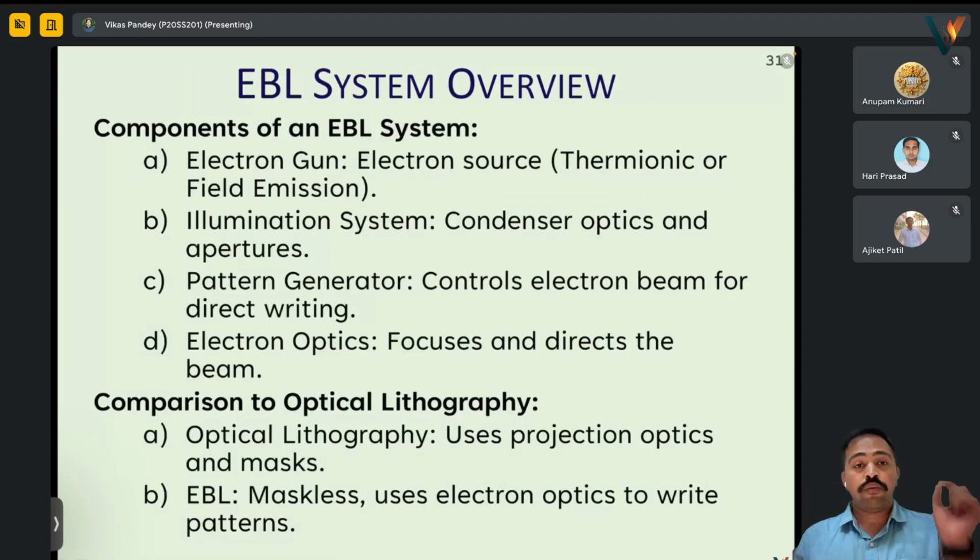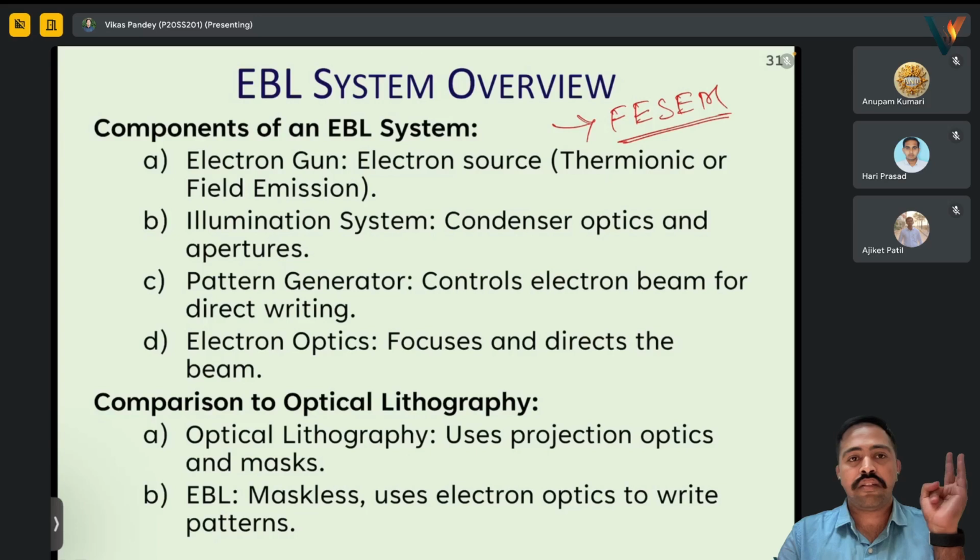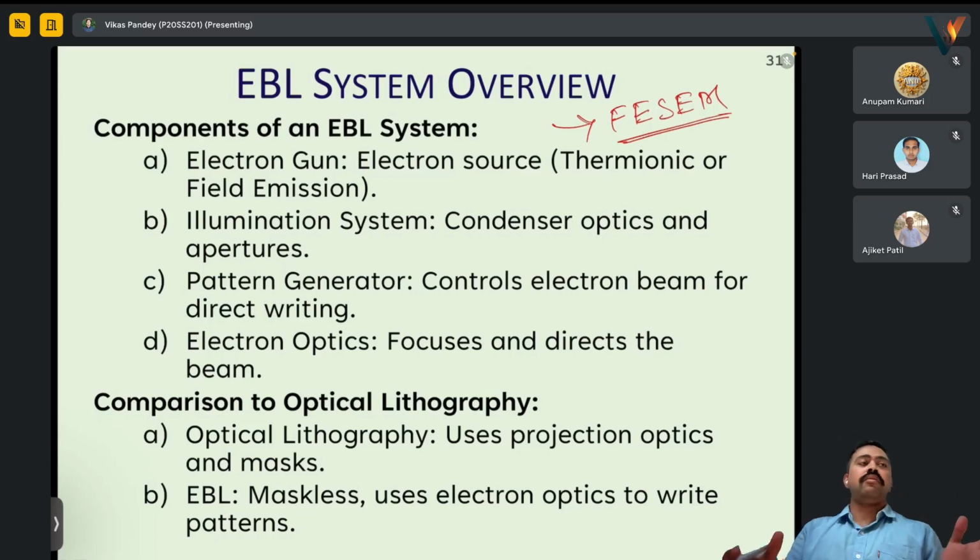So what are the components of an electron beam system? Generally, anyone is familiar with FESEM, field emission scanning electron microscopy. The system is very similar to FESEM, and in fact, in most cases, FESEM and this are a common system. The FESEM is modified for electron beam lithography only.